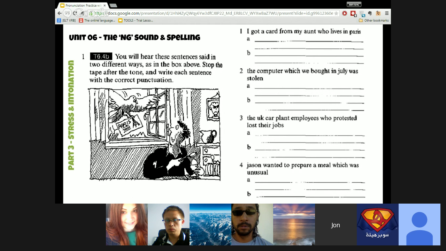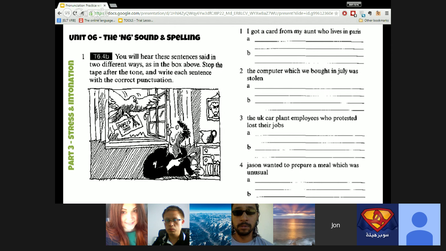I got a card from my aunt who lives in Paris. Sentence number 1B. I got a card from my aunt who lives in Paris. Let's see, I'm going to do one more, then we'll compare answers.